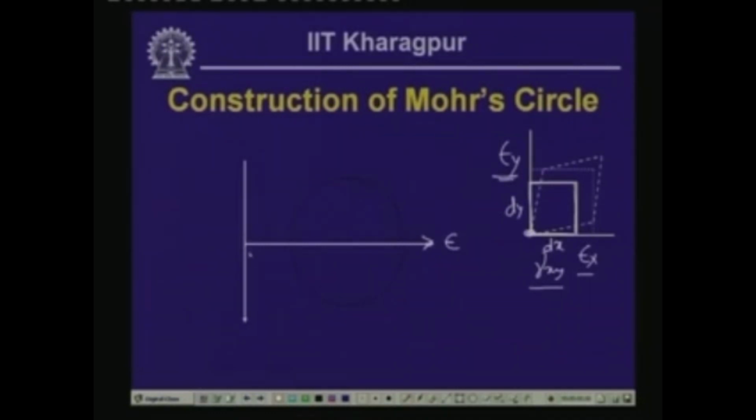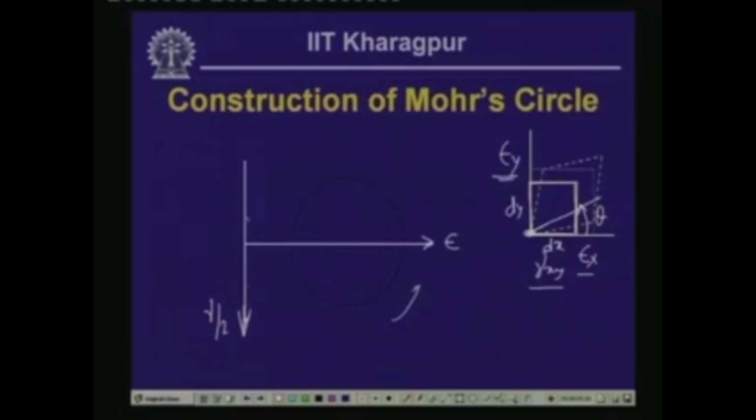The gamma by 2 in the y direction we put in the downward direction as positive. The reason is that if we are interested to evaluate strain in a direction oriented at an angle of theta in the anticlockwise direction, we can keep the same anticlockwise orientation of angle in the Mohr's plane, and to make this compatible we consider the direction of gamma in the downward direction.